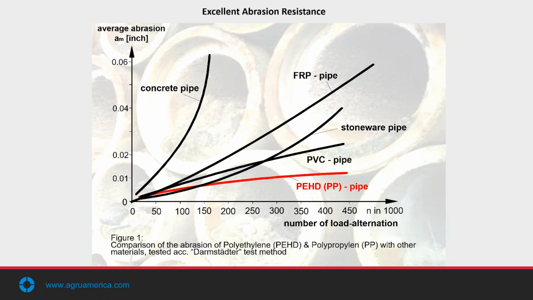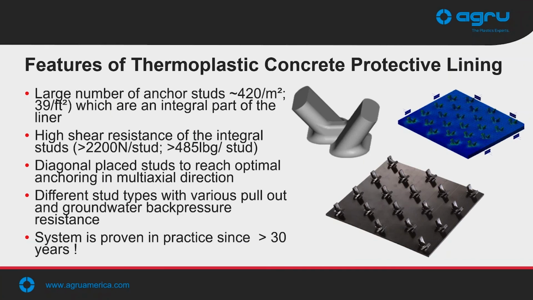And you can see that both polyethylene and polypropylene perform extremely well in this, much better than concrete pipe alone. So the polyethylene is going to extend the life of a concrete structure from an abrasion standpoint, as well as a corrosion standpoint.